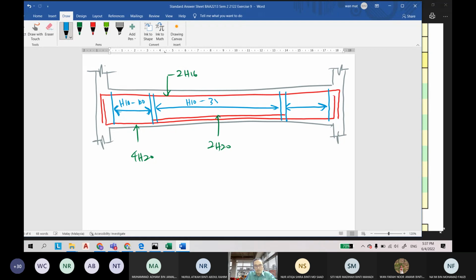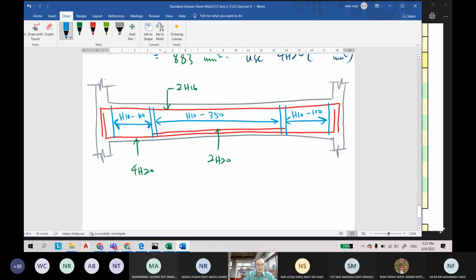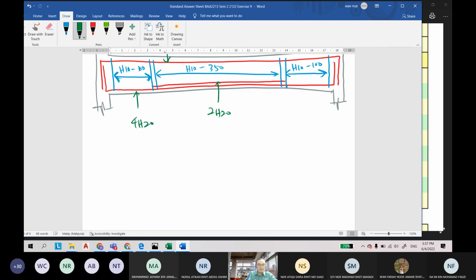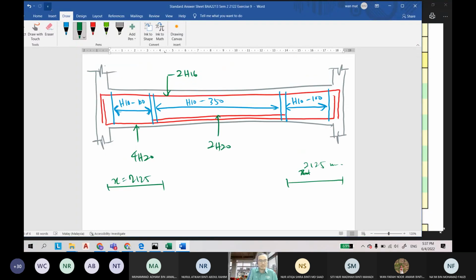Near the support it will become closer again, H10 100. So our value of X is here to here. X is equal to 2125 mm. This is also 2125 mm.